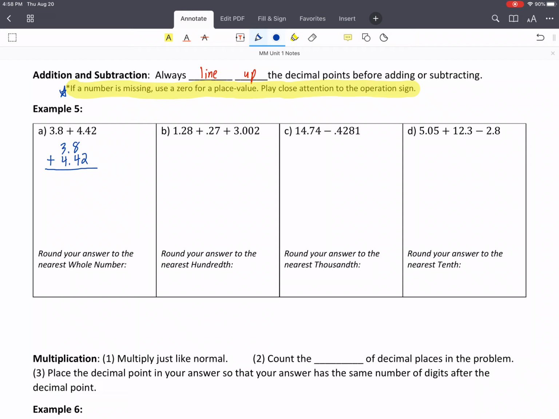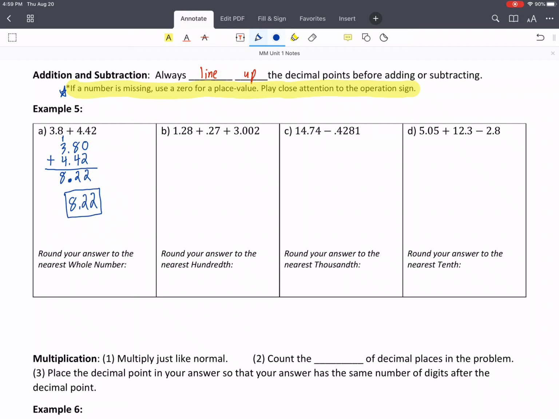Now we add this up. 0 plus 2 gives us 2. 4 plus 8 gives us 12. Carry the 1. Keep the decimal place there. Then 4 plus 3 is 7, plus 1 is 8. So we'd get 8.22.